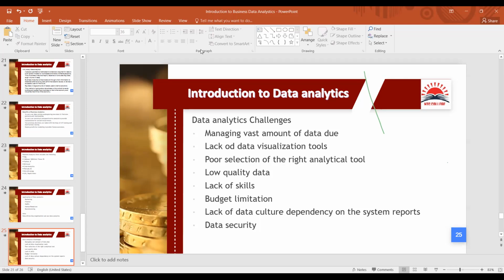So the moment you get low quality data, of course, when you analyze it, you will not be able to make more insights. Probably you will not be able to achieve what you want to achieve, especially in a scenario whereby you want to make a decision.